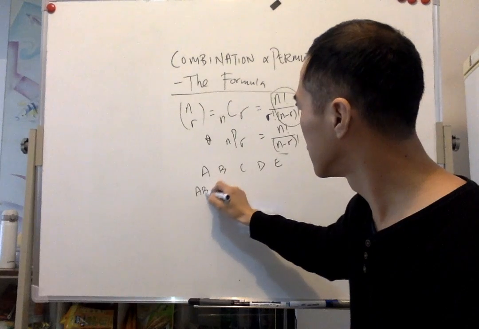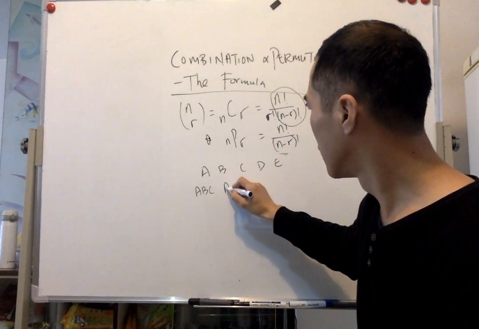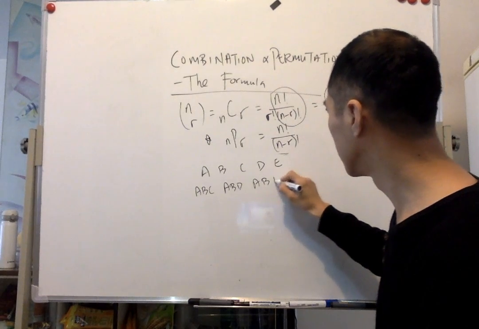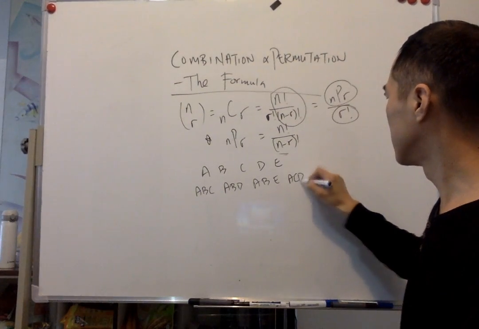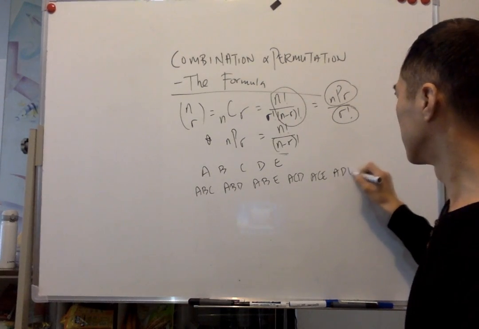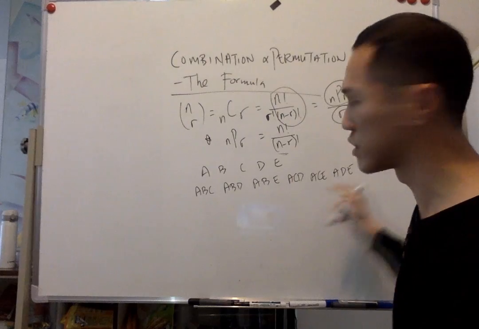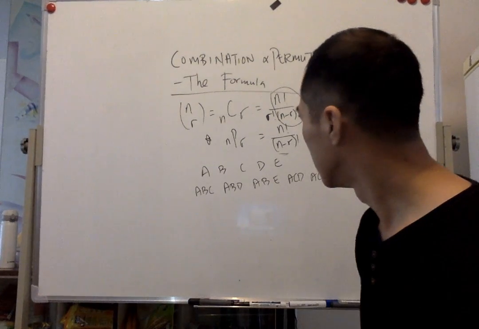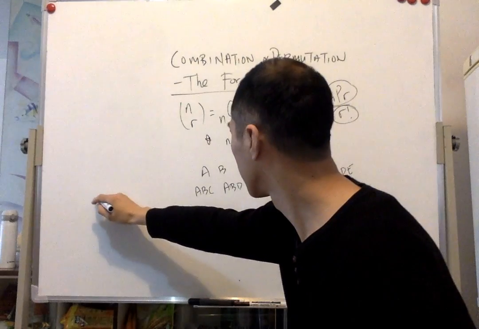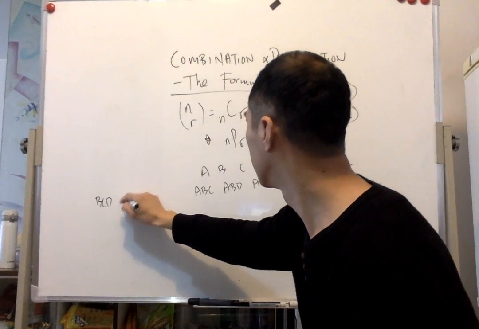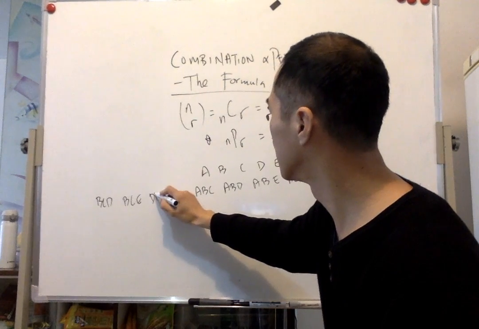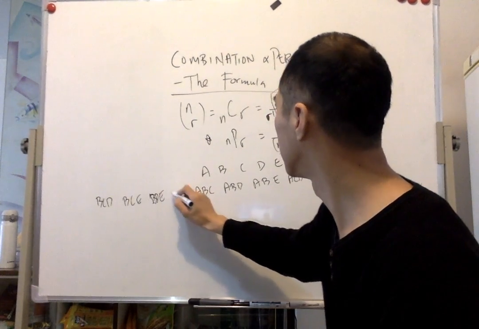A, B, C, D, E. Choose 3: ABC, ABD, ABE, ACD, ACE, ADE. That's 1, 2, 3, 4, 5, 6. And then I also put on the side BCD, BCE, BDE, and CDE.